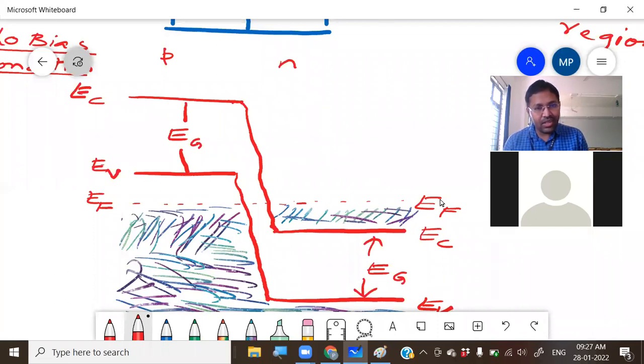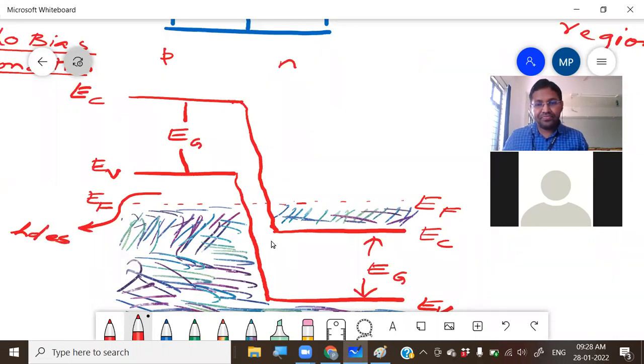So all this region above the Fermi level EF and below EV on the P side, this is where the holes reside. In that region we have the holes.